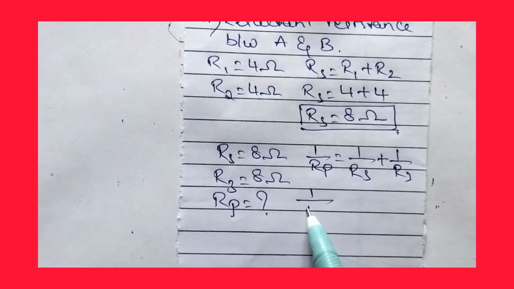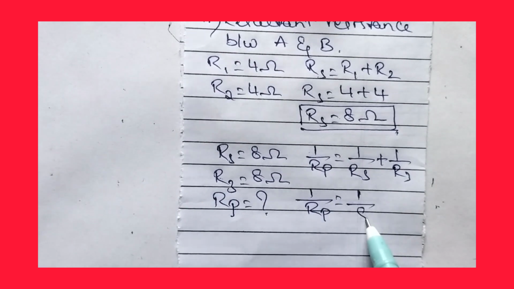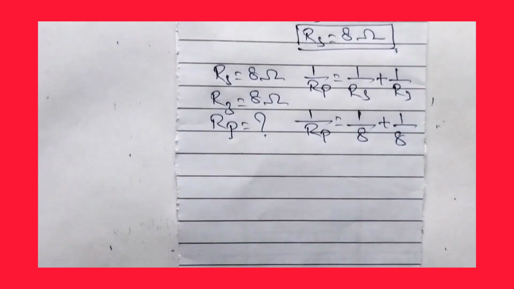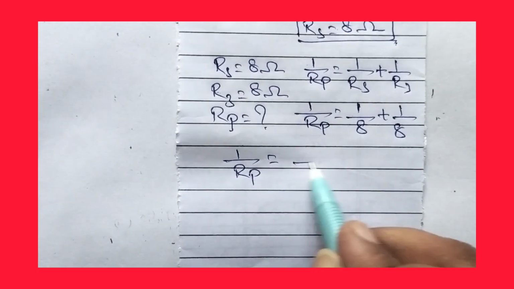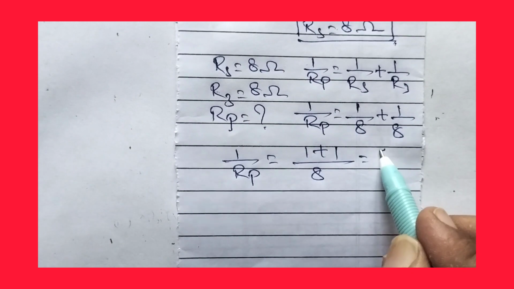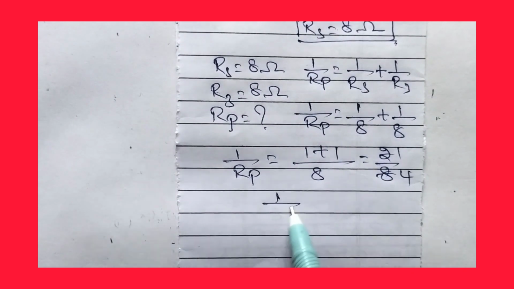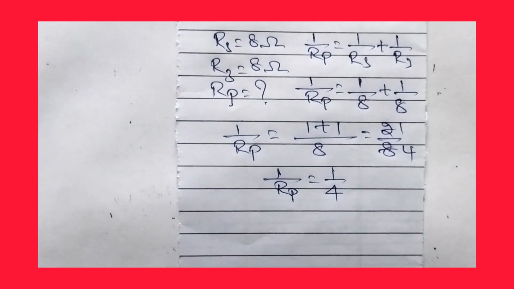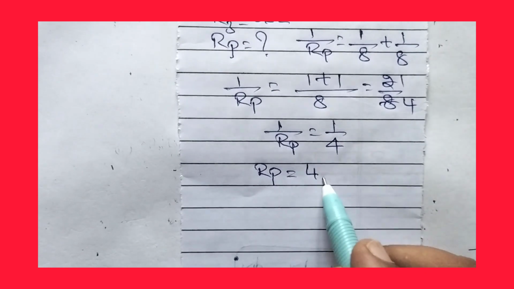So 1 over RP is equal to 1 over 8 plus 1 over 8. Both the denominators are the same, so 1 over RP is equal to 1 plus 1 over 8, that is 2 by 8, which is 1 over 4. Take the reciprocal, RP is 4.